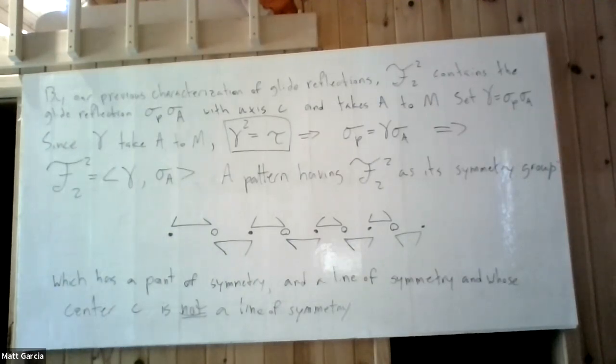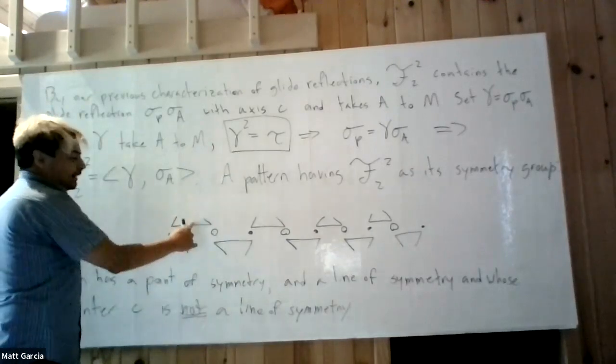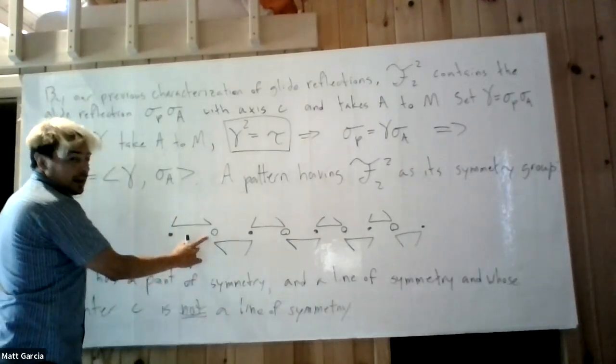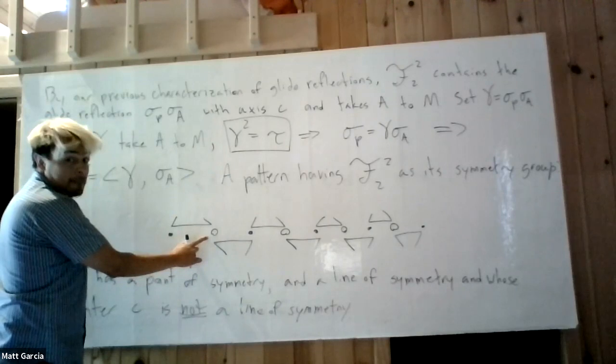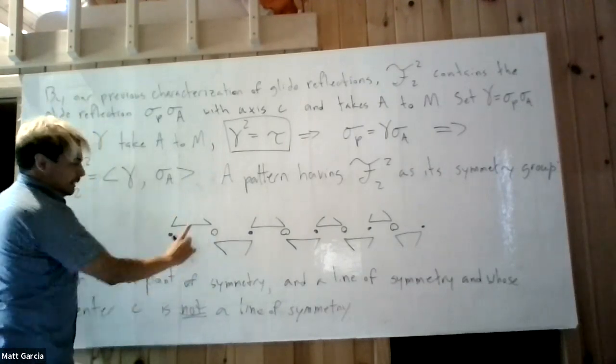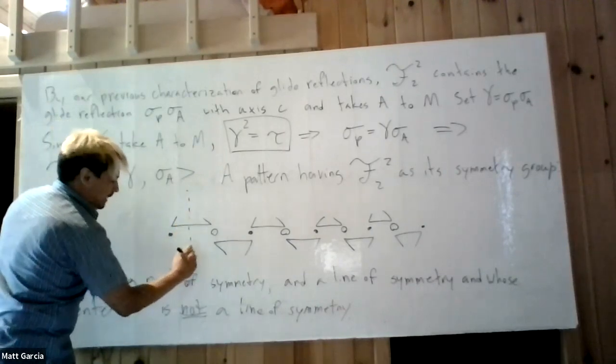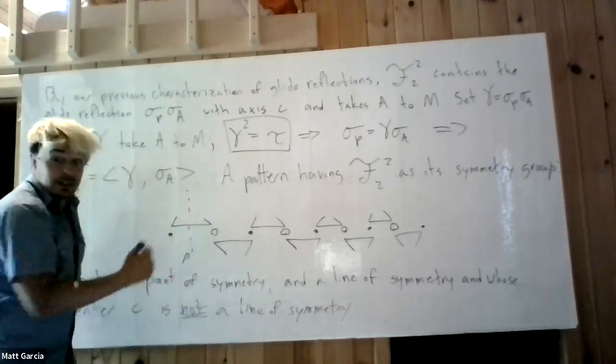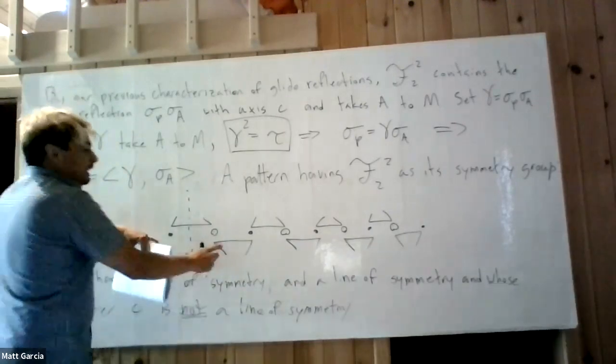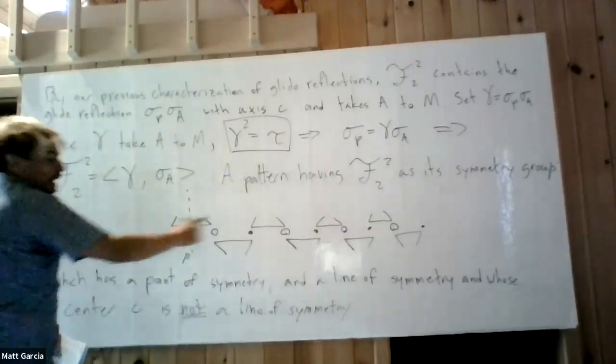So, what is the line of symmetry? It's the perpendicular bisector of A and M, right? If I reflect about this line P, I get the same pattern, imagining that this pattern continued infinitely in both directions.